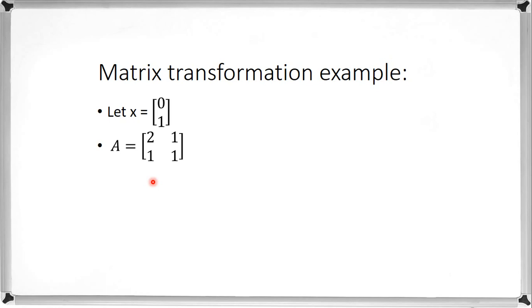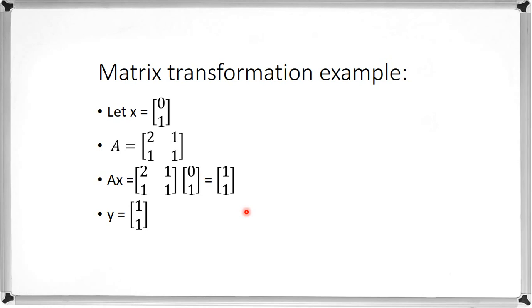So here is an example. Let's take an element x whose elements are 0 and 1. And let's assume that there is a transformation matrix A whose elements are 2, 1, 1, 1. Then if we multiply these two matrices A and x, we get a new element which is 1, 1.